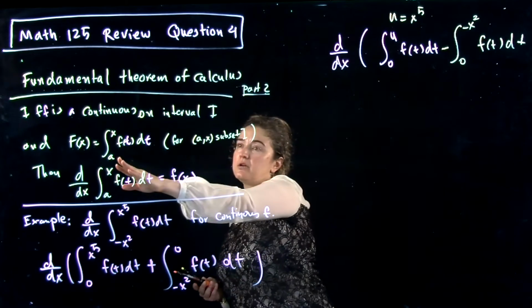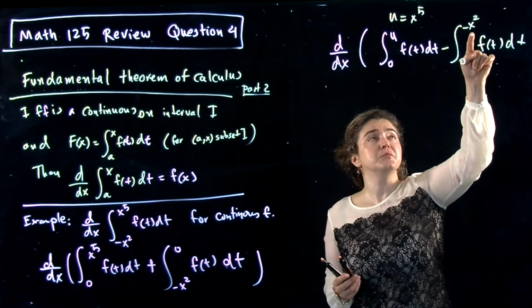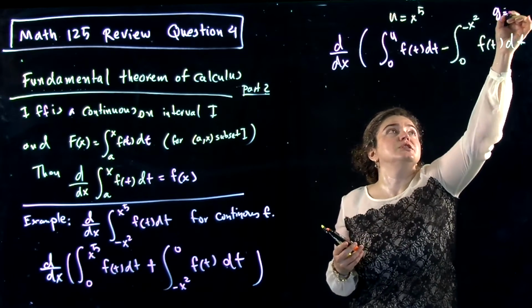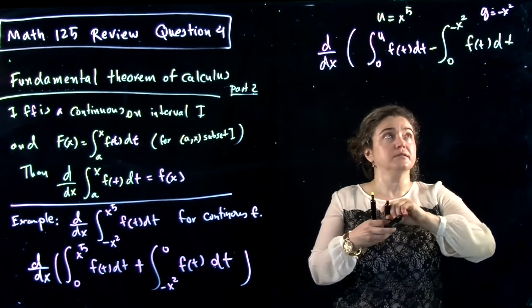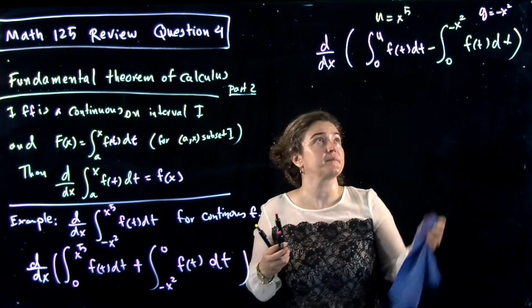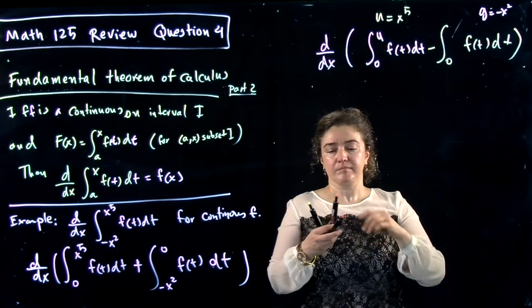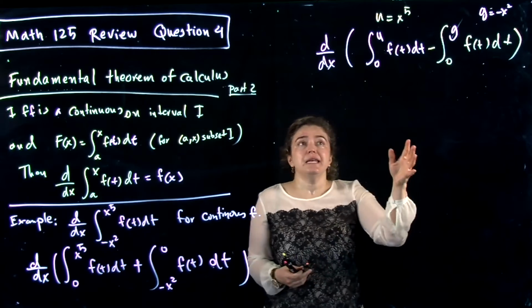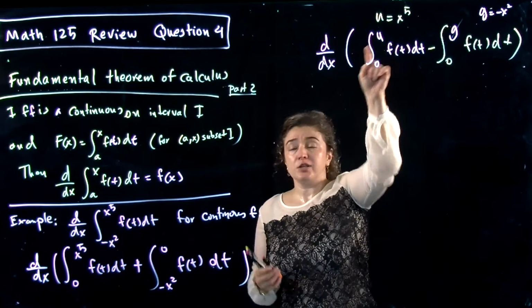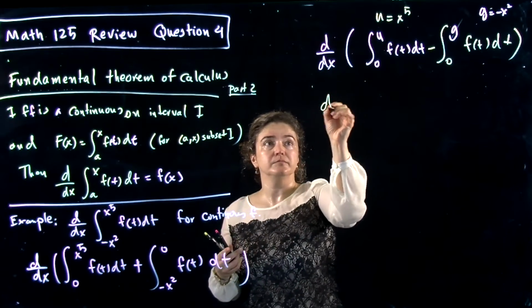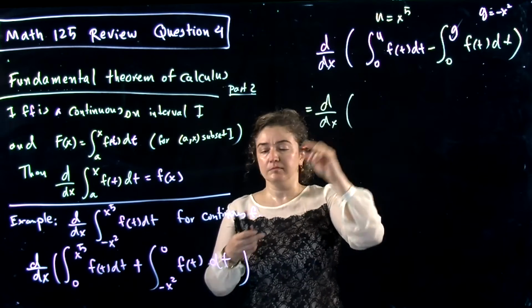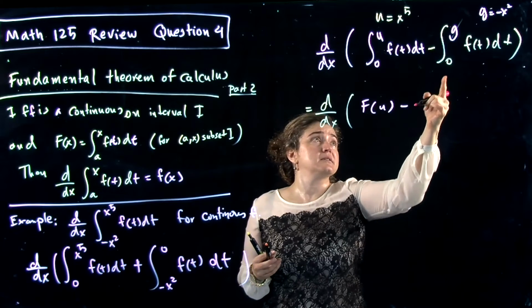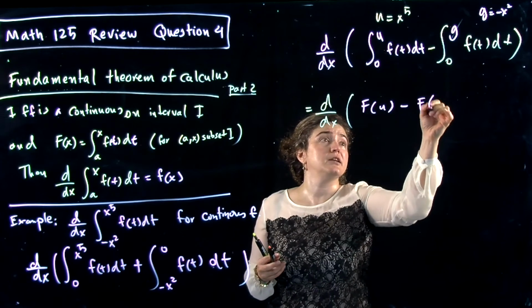Again, I want it to look like that. So let's call this g, and g is equal to negative x squared. Now, this is the cumulative function at u, F of u, minus, this is the cumulative function at g.